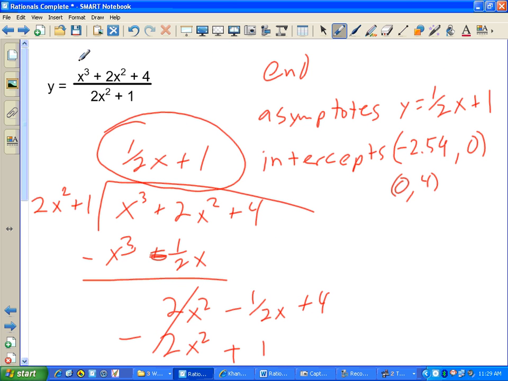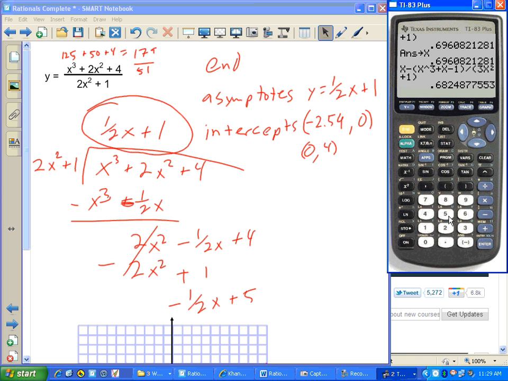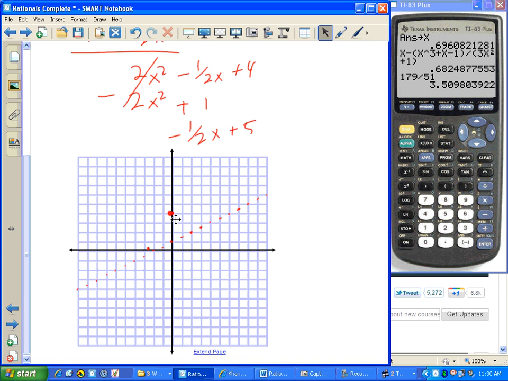Let's see what happens when our x is 5. So if I put 5 in here, I'm going to get 125 plus 50 plus 4, which is 179 over, I would get 51, which is 3.5.